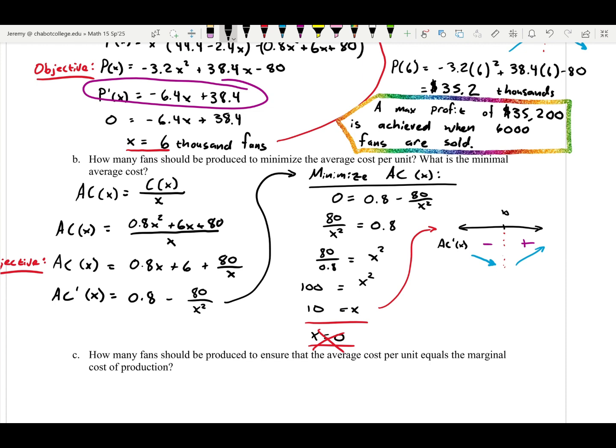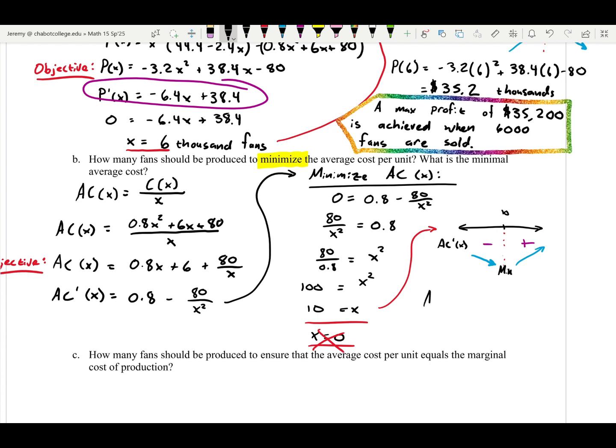All right, so we have a local minimum, which occurs at x equals 10. Which is good news because we were trying to minimize. So I'm glad that we found a local minimum. And this x value 10, remember this represents thousands of units.